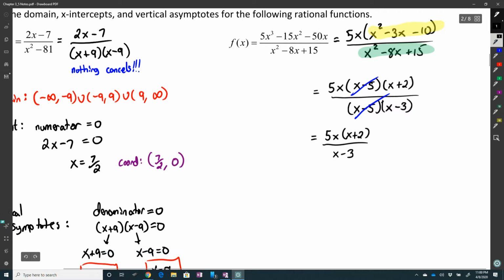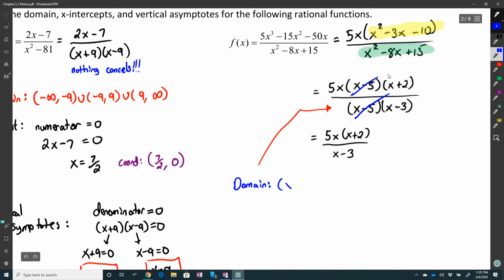Okay, so now let's answer the questions. For the domain, always use the original problem before you canceled anything out. For the domain, it's everything but 5 and 3, because that's my denominator.